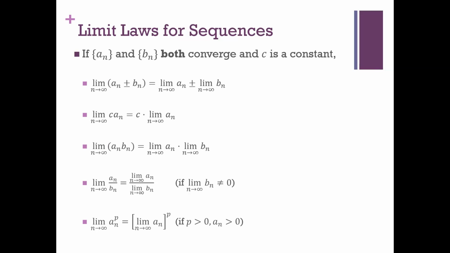When you get into quotients, if I have two sequences that converge, you can't make heads or tails of that if the denominator's limit is zero. Can't apply that law. And also if I exponentiate, so if I raise my sequence to some power.